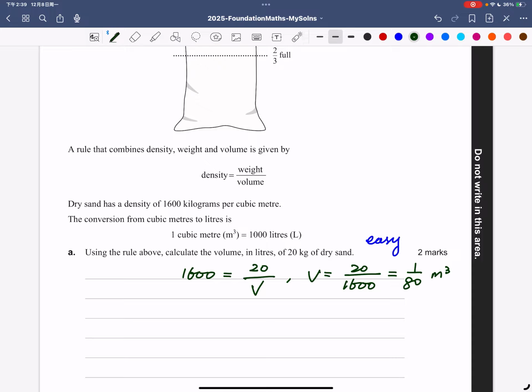So far, I'm using kilogram per cubic meter. The next thing is to convert the volume in cubic meters into liters. So 1 out of 80 times 1,000 will give you 12.5 liters, if I'm not mistaken. So it's actually a small algebra problem.